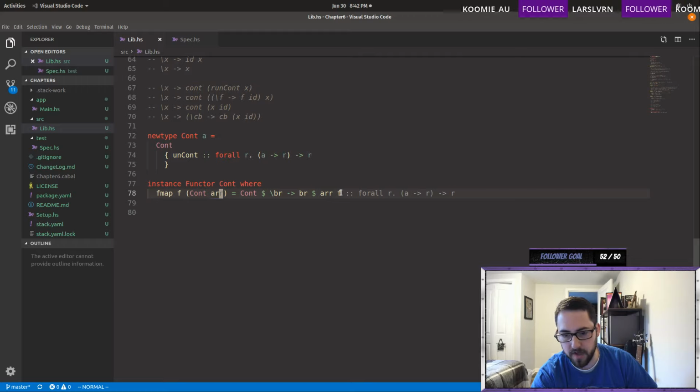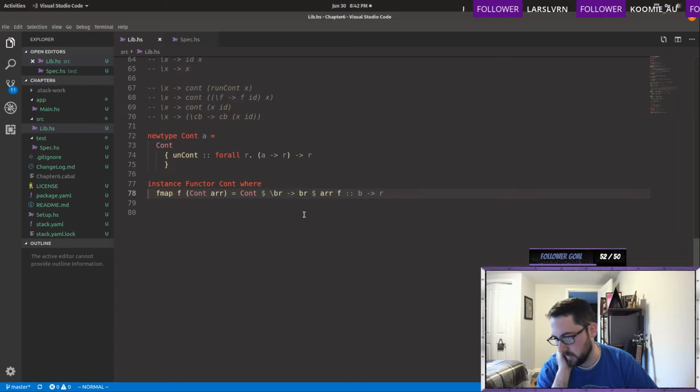I want to apply this to a function of A to B, I guess. So I get A to B, and then just turn that into an R. I don't know that this is correct, but this type checks.